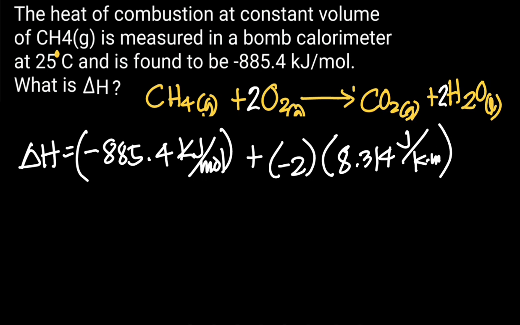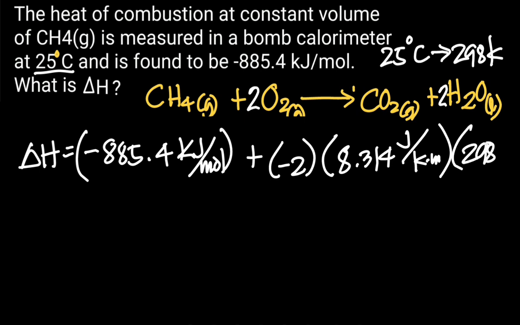We use Kelvin here, so we need to convert 25 degrees Celsius to Kelvin, which is 298 Kelvin. You just have to add 273. So this is times 298 Kelvin.